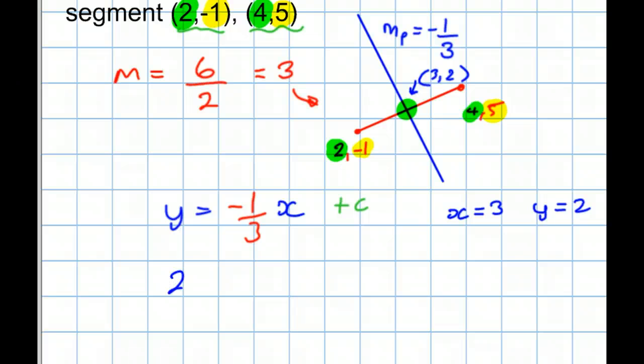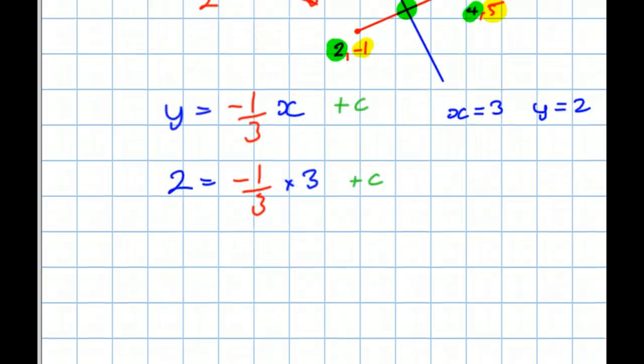So 2 is equal to minus 1/3 times 3 plus c. Might be in a calculator or non-calculator paper. 2 is minus 1/3 times 3. A third times 3 is 1, so minus 1/3 times 3 is minus 1. So 2 is equal to minus 1 plus c, and that implies that c equals 3.